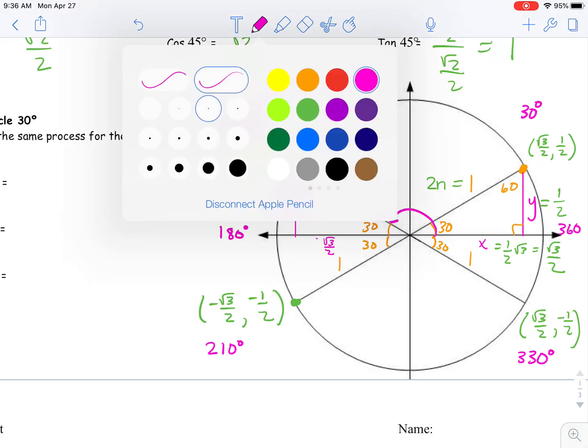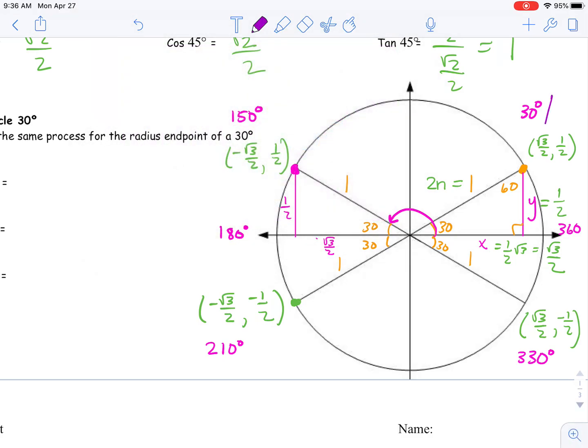Next is the radian. So we should remember that the radian for 30 is pi over 6. That's one of the ones I wanted you to remember. If you need to convert it still until you get that in memory, that's fine. And I don't want you to have to convert all the other degrees. I want you to use the special trick.